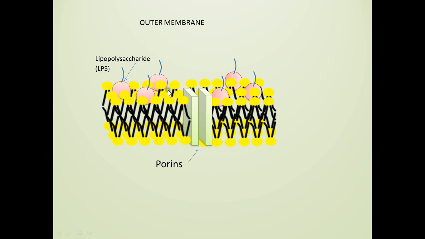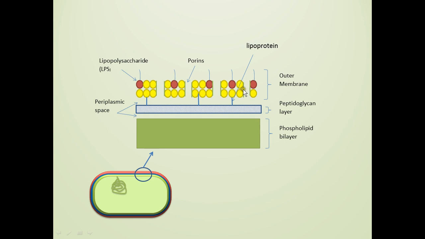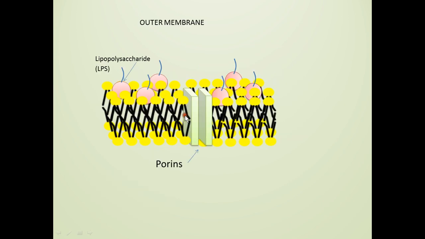These integral proteins, known as porins, will allow for there to be channels through that outer membrane so that materials can move in and out. So that gives us our outer membrane, our cell membrane, and in between them a thin layer of peptidoglycan, and that is the typical gram-negative bacteria.